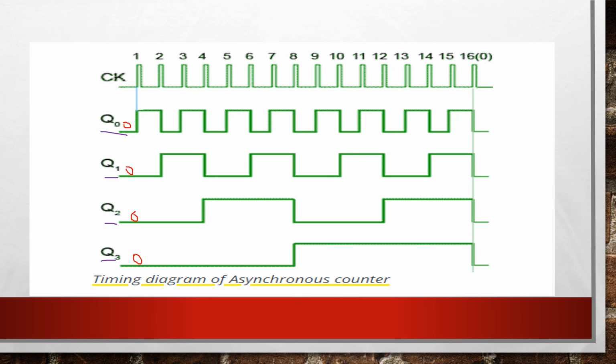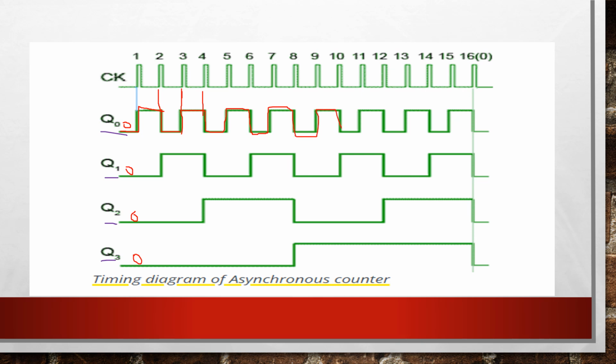So at this point of triggering, the Q value is flipped from 0 to 1. Likewise, at the edge of the clock pulse, there is a change of state of Q from 1 to 0. Again, for this point, it is 0 to 1. Likewise, the cycle is repeated, flipping of 1 to 0 or 0 to 1 occurs at the edge points.